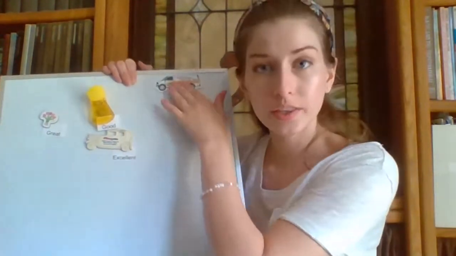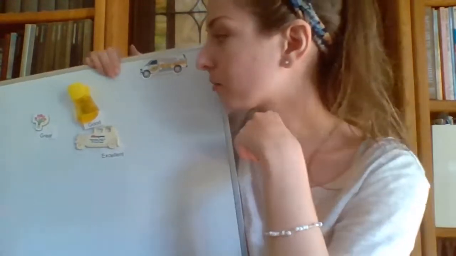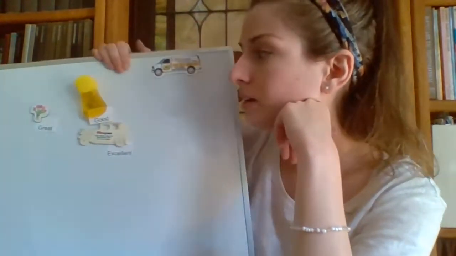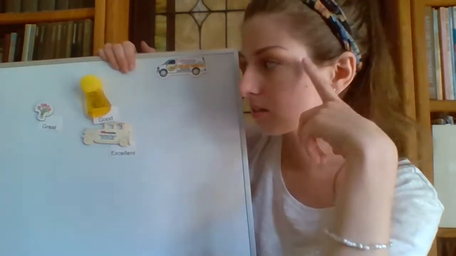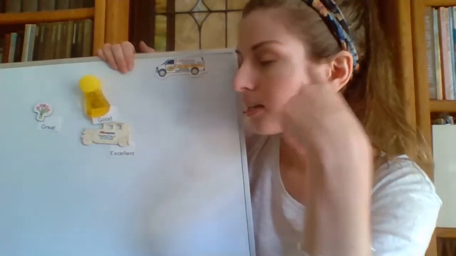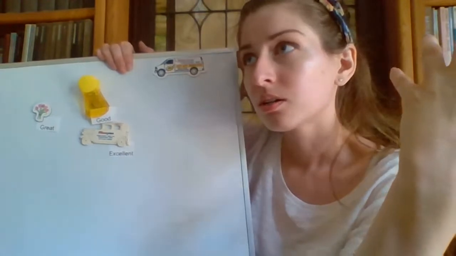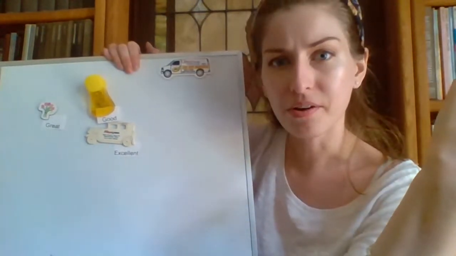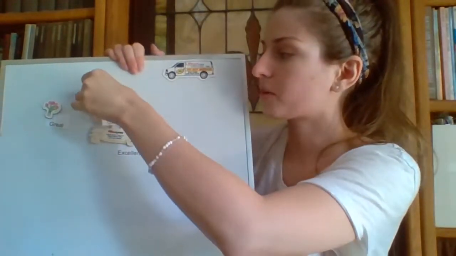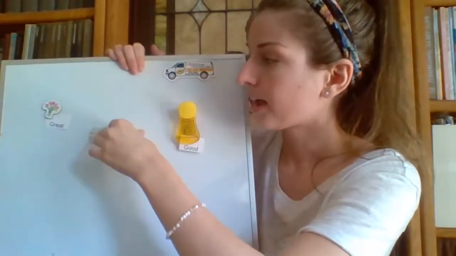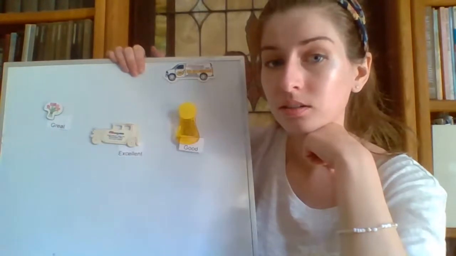So here's another thing we can do before we go to the next set of words. Which one is the most intense? So that means which one is the biggest good of all, like the most intense form of good. Is it good, excellent, or great?